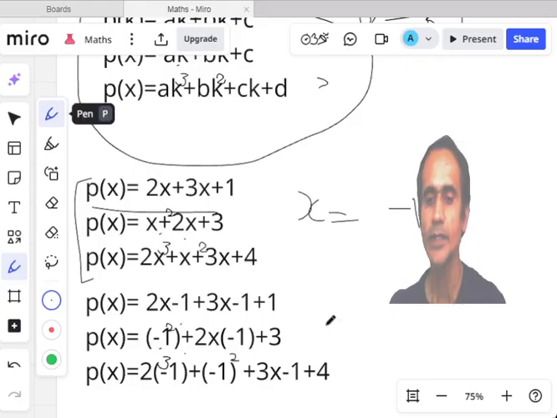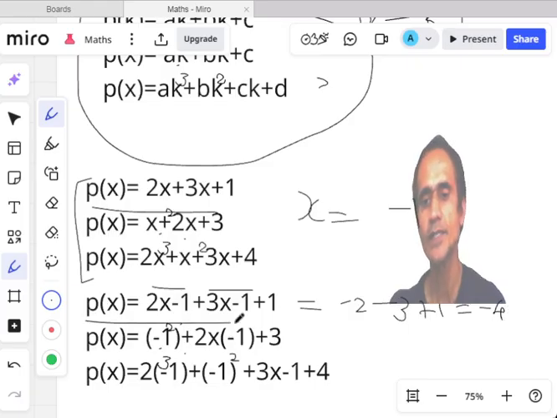So what will we get? Minus 2 minus 3 plus 1, that equals minus 4. So the value of p(x) at x equal to minus 1 is minus 4.